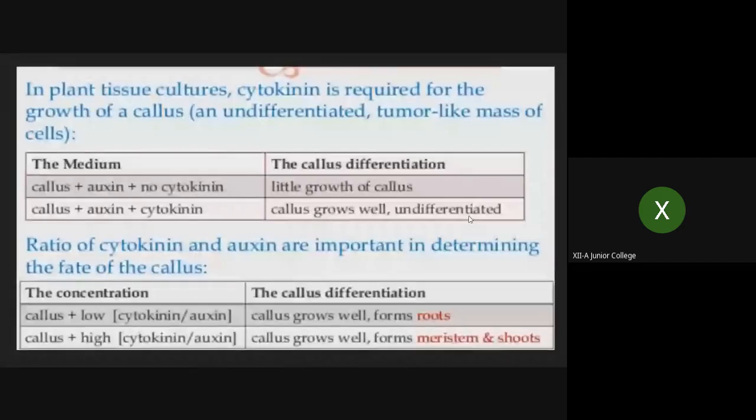So the cells are grown on artificial nutrient medium, and from these cells or tissues, or a small part of the plant body, might be root apex, shoot apex, or leaf apex. Why apex? Because this apical region shows the presence of meristematic cells, which have the ability to divide and redivide.